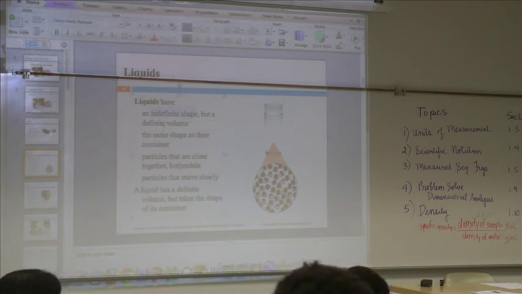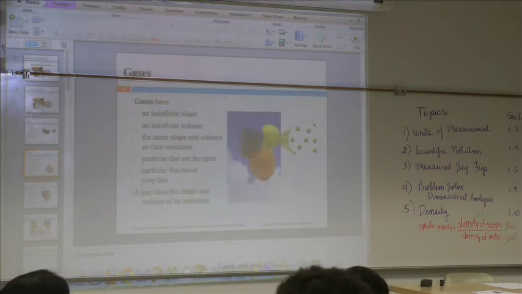They are mobile, and then take the shape of the container. Whereas gases, indefinite shape, indefinite volume, and the key word is far apart, move very fast. It also takes the shape of the container.